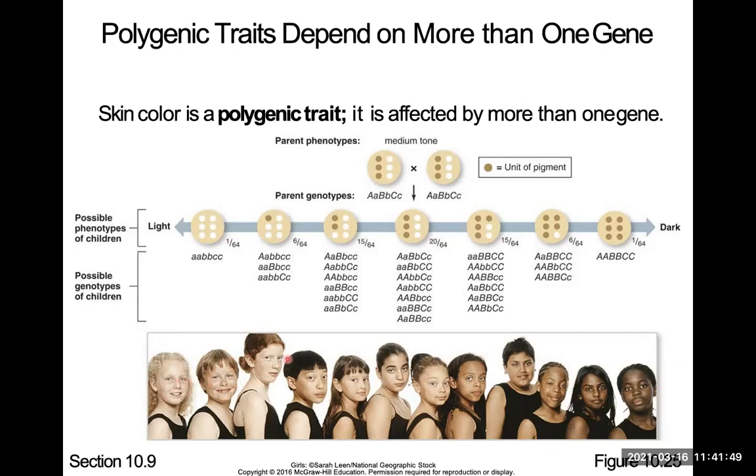So there's more than one gene that's affecting the phenotype, in this case, the skin color. So skin color is a polygenic trait. Same thing maybe for eye color. You have brown eyes, you have blue eyes, you have hazel, green, they're all different colors. So there's more than one gene that's affecting the eye color.